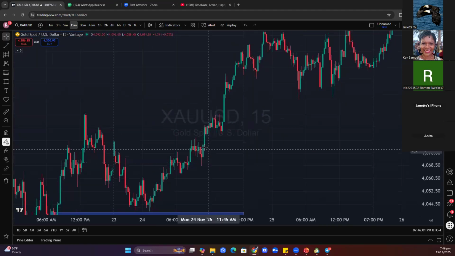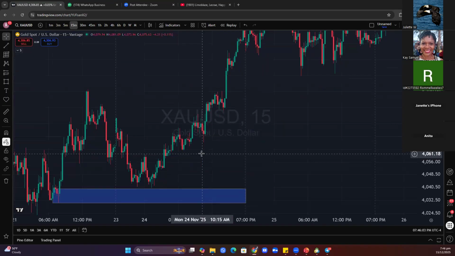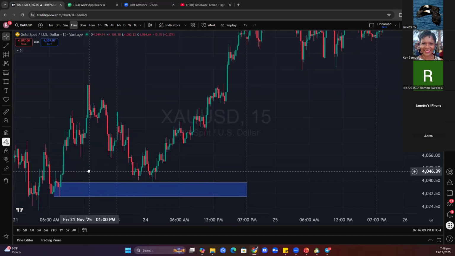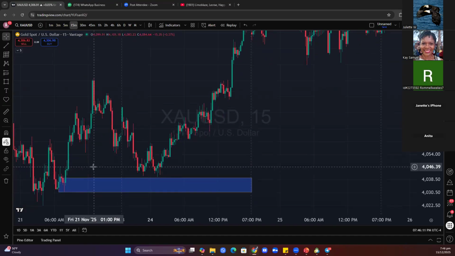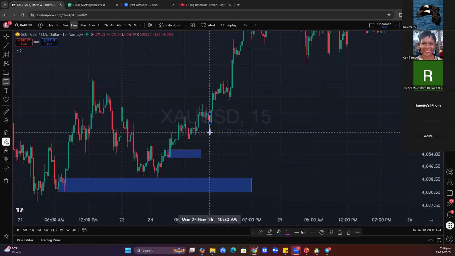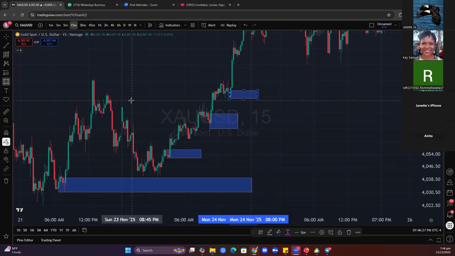This is the 15-minute perspective, and we're gonna come all the way up. On the 15-minute time frame, you can see even more engulfing candles. Anybody notice that? Let me know if anybody noticed. Now we can pinpoint, for example, this, a lot more engulfings in the market.